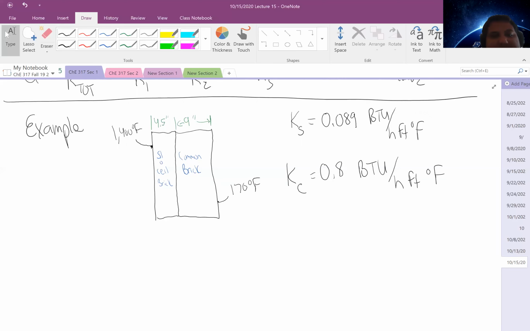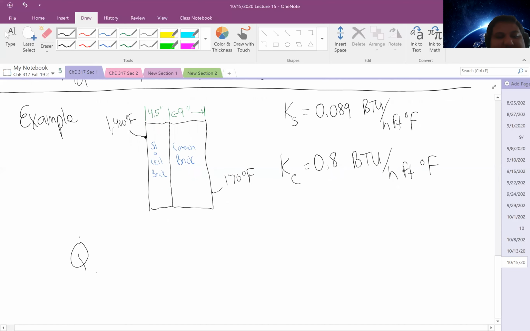From our discussion just a little bit ago, I can state the heat transfer through the wall is equal to the total temperature gradient through the composite wall divided by the total thermal resistance, where I can find the total thermal resistance as a sum of the resistance through the silane brick plus the resistance through the common brick.